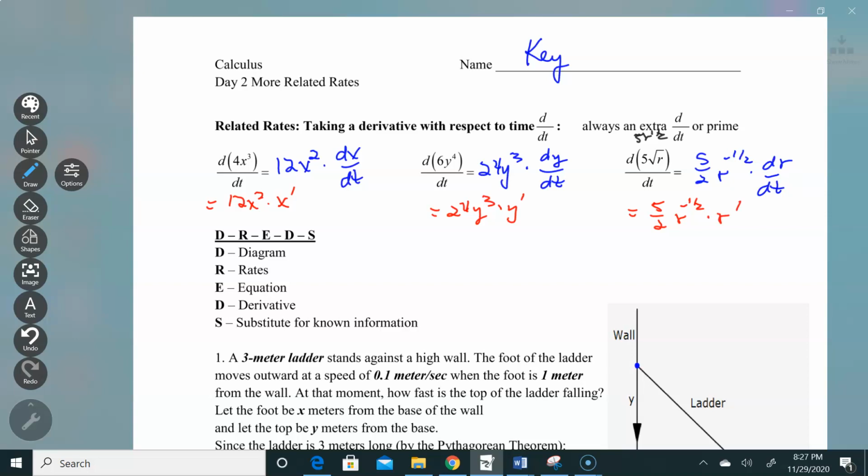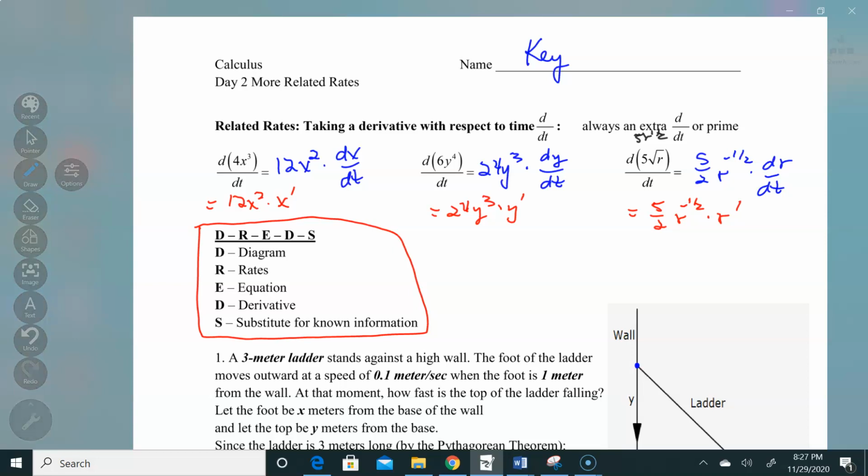So today's lesson we're going to work more on these real life applications, but I came up with a little acronym to help us figure out what we should be doing. DREADS, where we take the given diagram, or draw a diagram, and we put in the information that's given to us, including identifying which are the rates. Anything with the word per is going to be a rate.